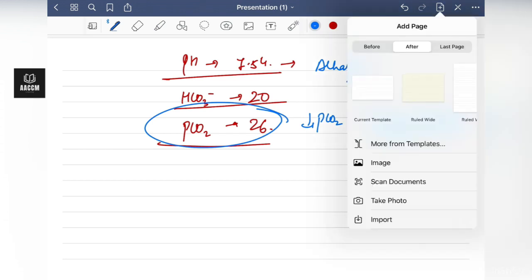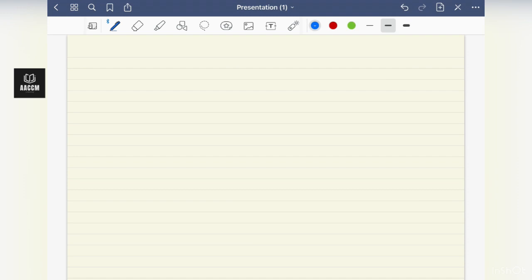Okay. So coming further to the points, what is the compensation? The first point was to see the pH. The second point was to see the primary defect. The third point is compensation.